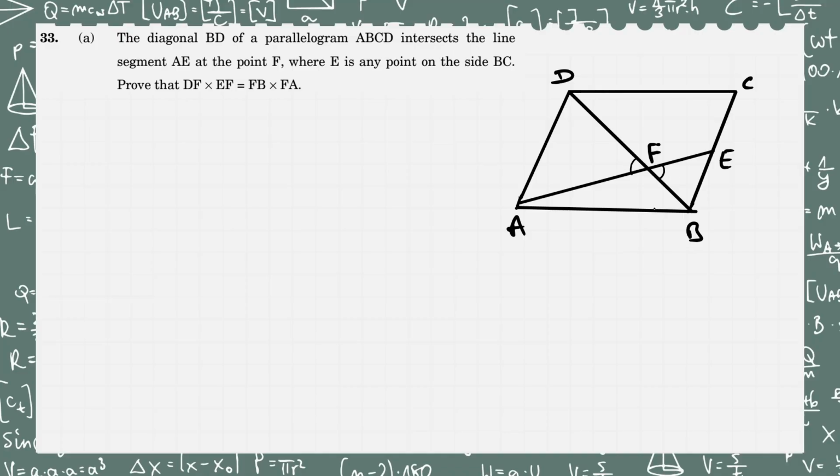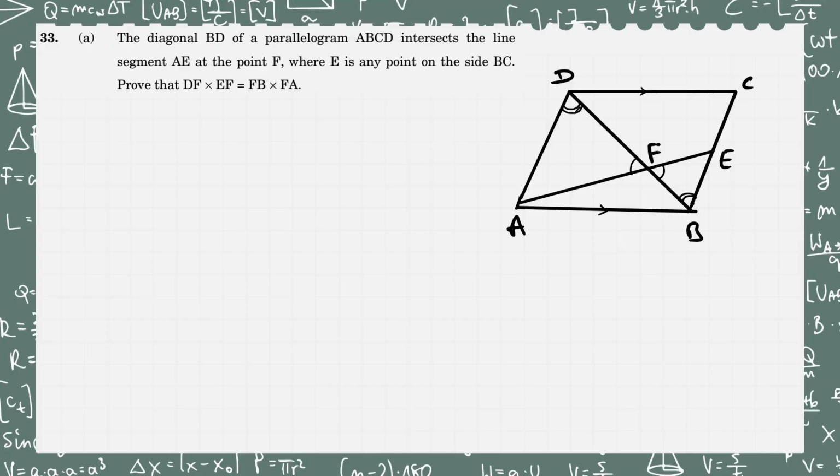And one more thing we can take is that AB and CD are parallel to each other, and BD is a transversal touching both the parallel lines. So angle ADF and angle FBE will be equal to each other because they are alternate interior angles, right? Having two angles equal to each other is enough to prove there is a similarity. So we can use the AA similarity axiom here.